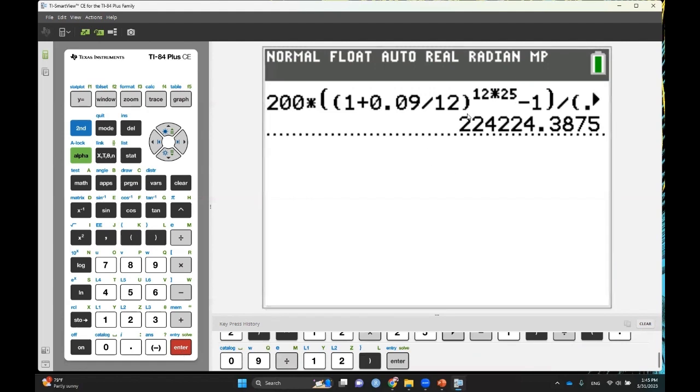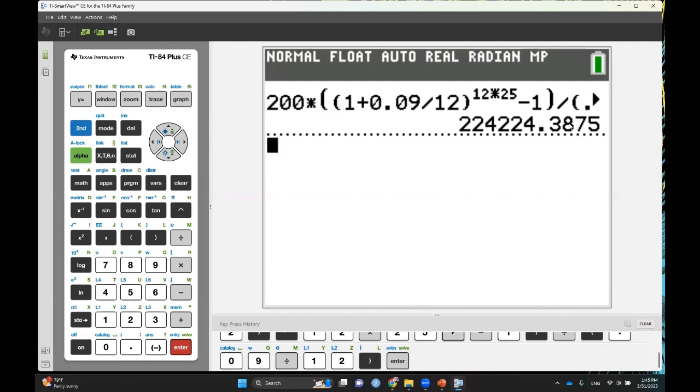Okay, that's the answer. But remember, this represents the monetary amount, right? So we need to round it off to 2 decimals, which is rounded to the nearest cents. So we need to place the back door right here behind the 8. Okay, and then look at who is at the back door. 7. 7 is a number greater than 5.